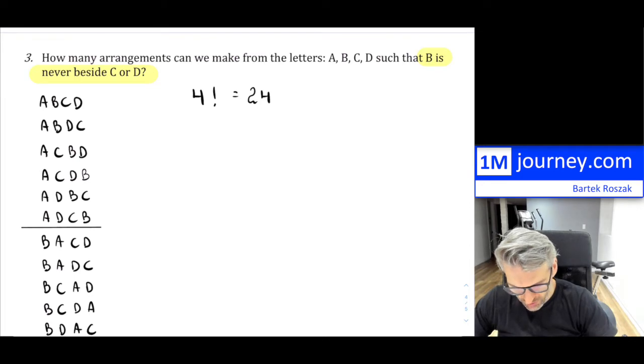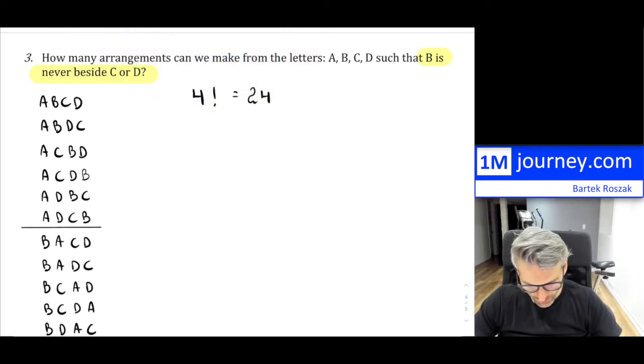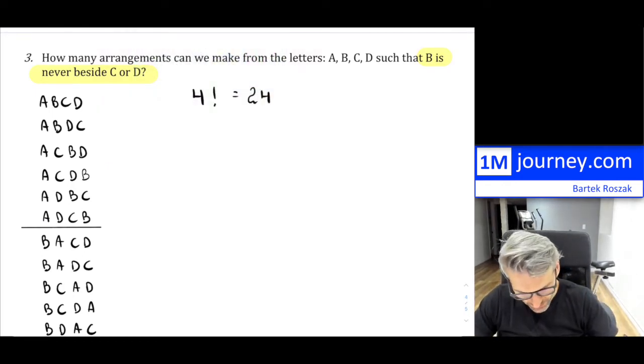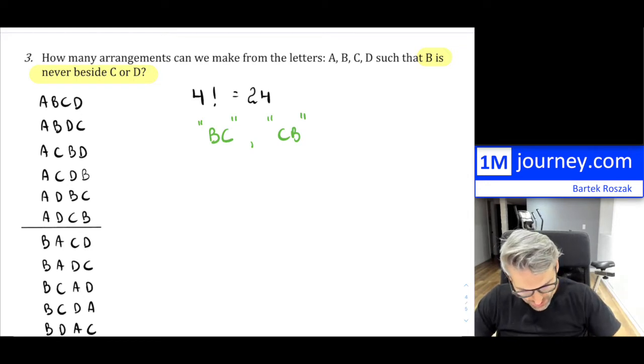So what I'm going to do, and I'll switch the color just so that we can see it, is first find out when B is actually beside C. This can happen either BC or CB, so 2 factorial ways, or just 2 ways.